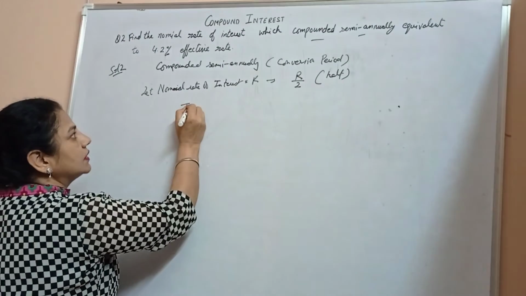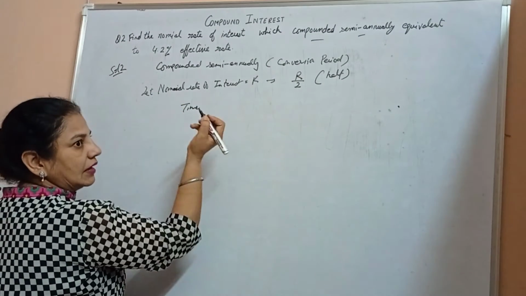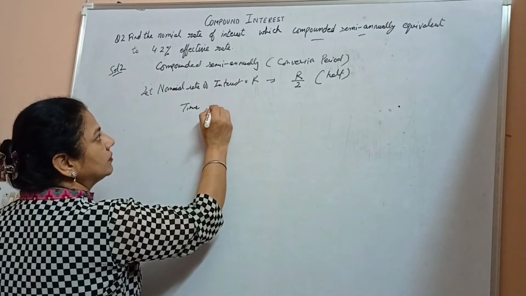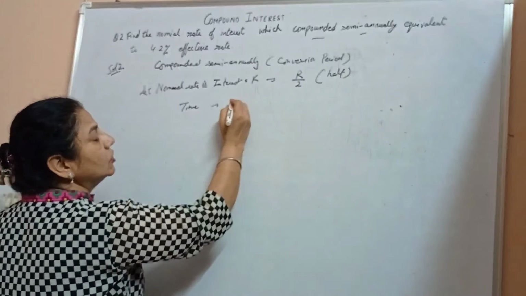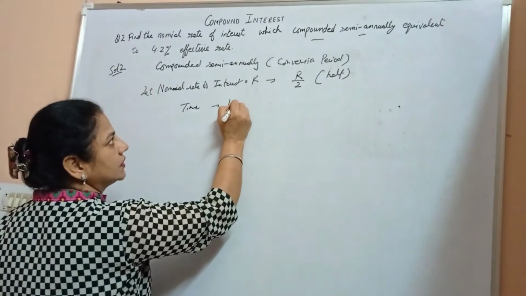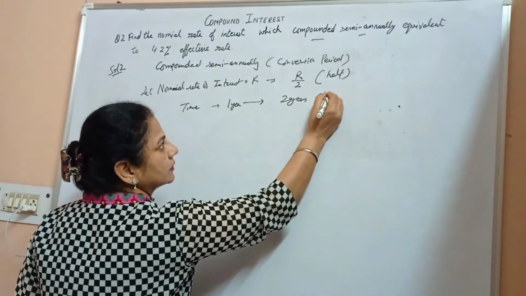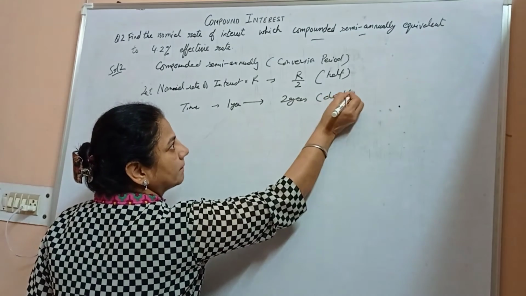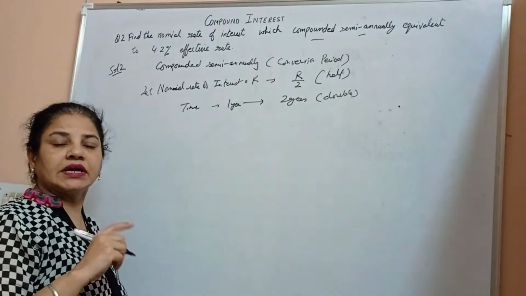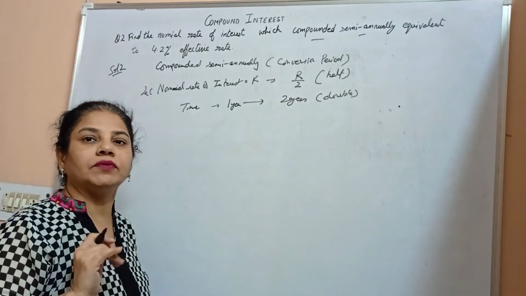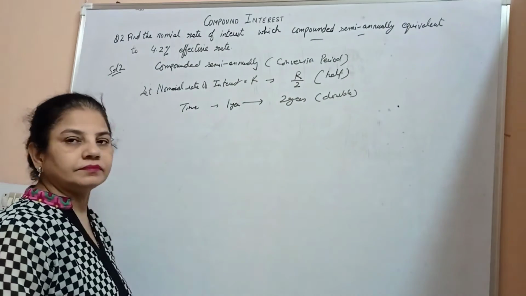And the time: since it is semi-annually, the time becomes double. As 1 year is given to us, it becomes 2. Time becomes double, as the nominal and effective rates of interest are calculated only for 1 year.